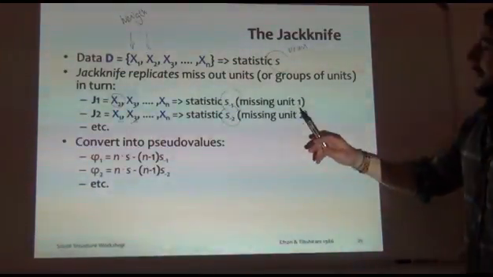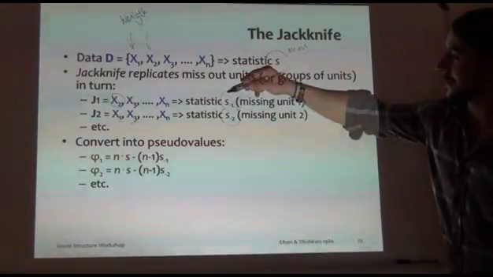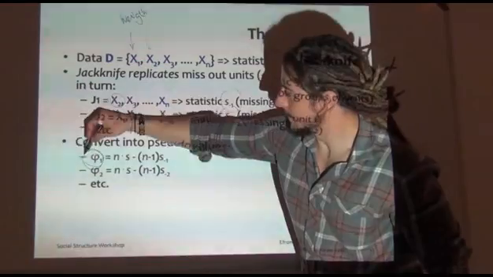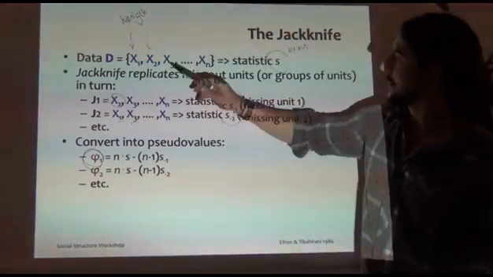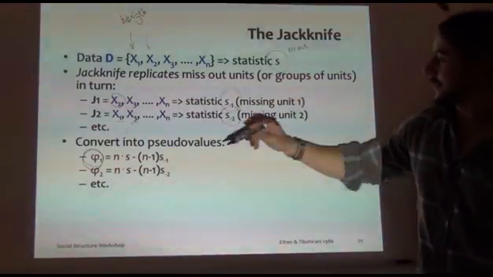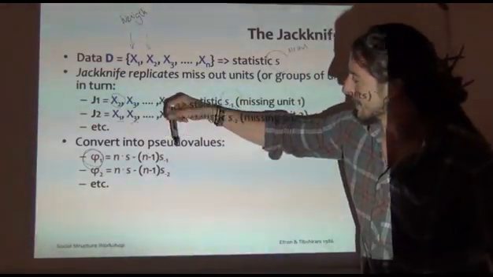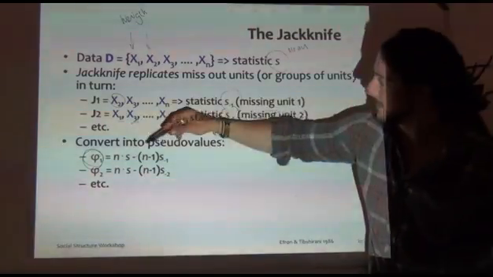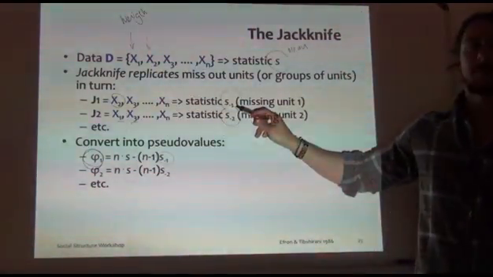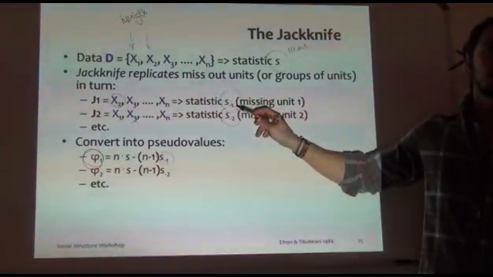Now we convert our statistics into pseudo values. So now we have the pseudo value here, which is the number of observations times the statistic, minus the jackknifed one, which is n minus 1 times the statistic missing the first one.